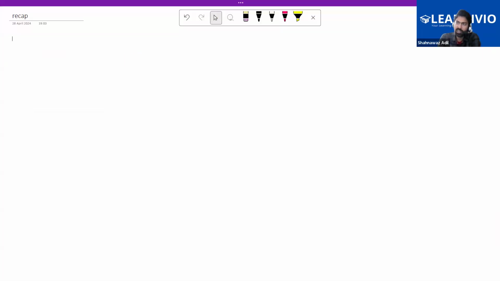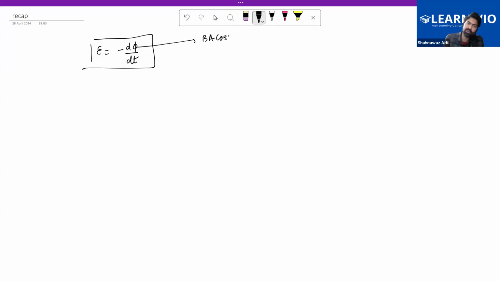In the motional EMF, what do we have? We have the magnetic field that is fixed. Now you guys already know how we can create EMF. We can create EMF by changing the flux. And we know that this phi is dependent upon B, A and cos theta. So this is how we can change it.